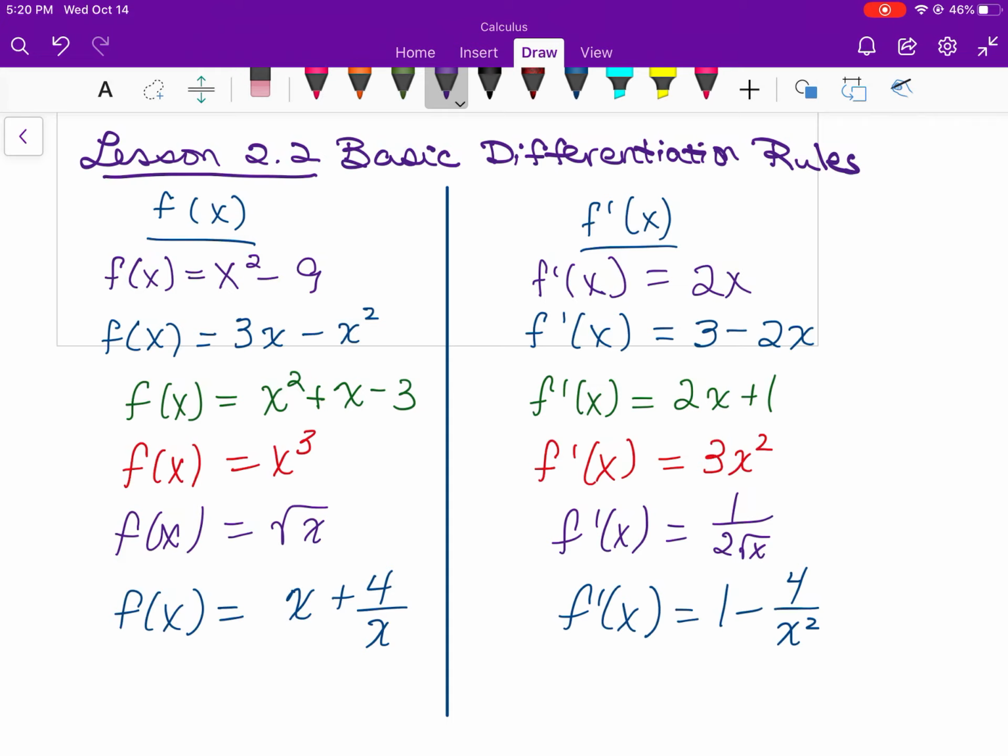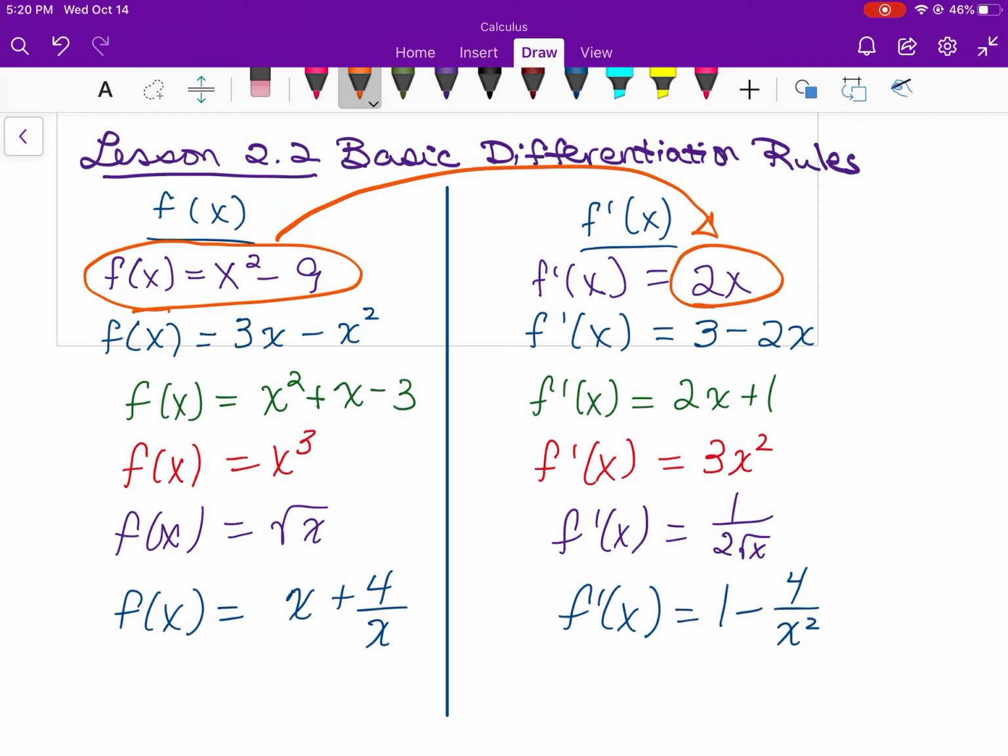And they had to connect the dots and figure out what the rules were, starting with the original function. Say if I start with f of x here and I end up with a derivative of 2x, how am I getting from here to here? So they came up with some rules and some ideas by looking at all the examples that I gave them.